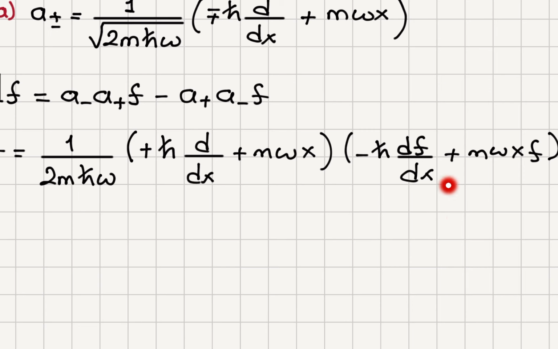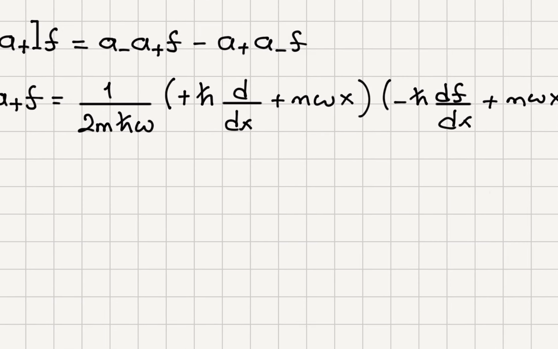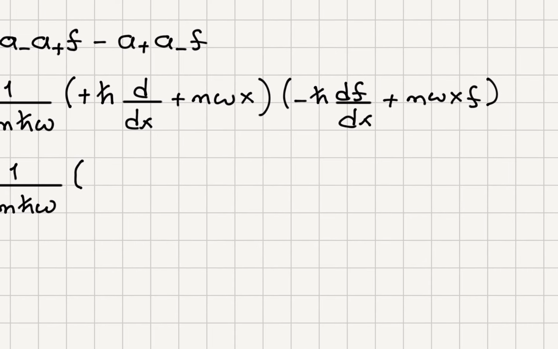Now I'm going to apply this operator on the second term. So this will be equal to 1 over 2m h bar omega. What's the first term here? h bar d dx applied to minus h bar df dx. So we will get minus h bar squared times the second derivative of the function f with respect to x.